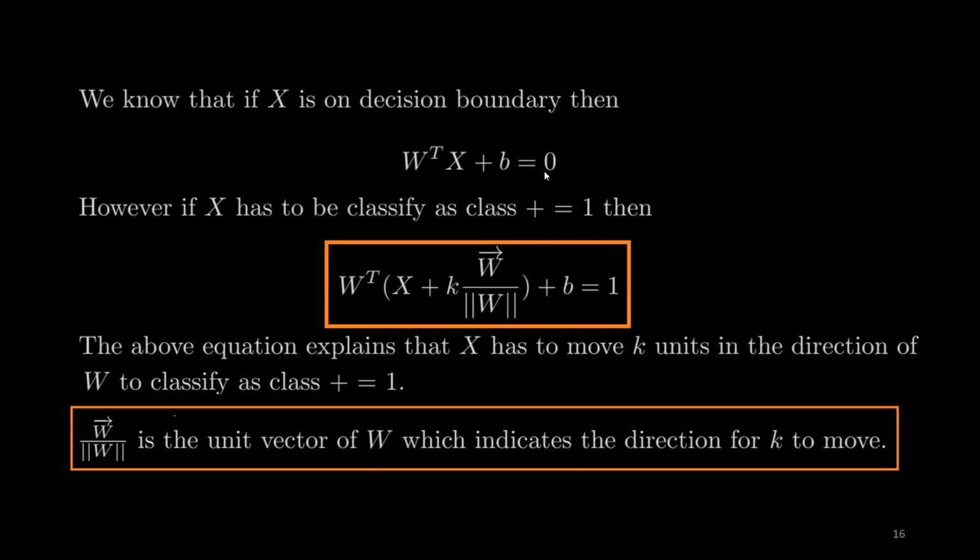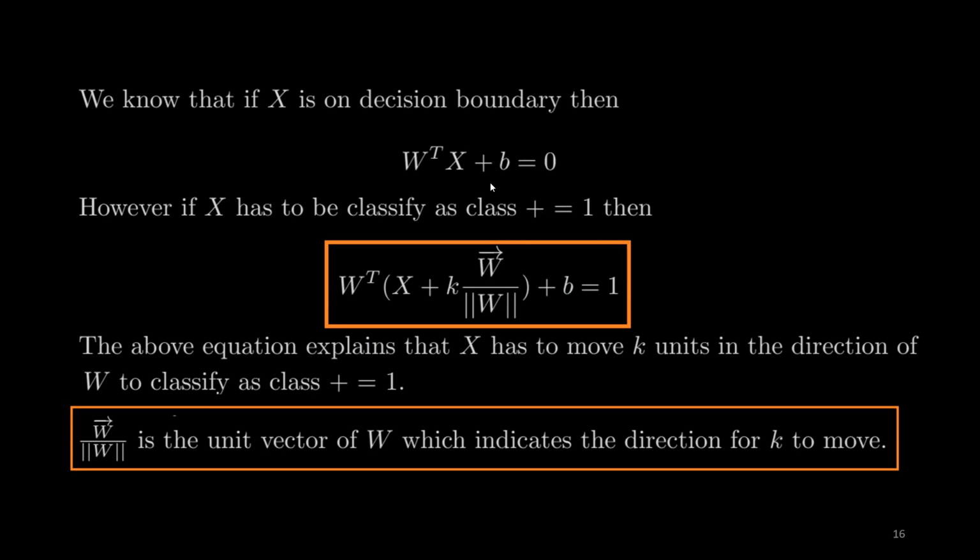If you see the right hand side, this equation is for the point at the decision boundary, and this is for the point that has already traveled k units to reach the positive class. So this is our positive class and this is our decision boundary. Therefore, this is the equation. In this equation, we have to add k terms so that it becomes 1 from 0.